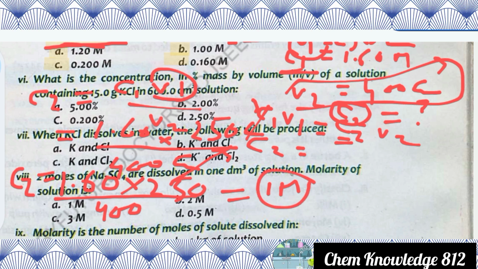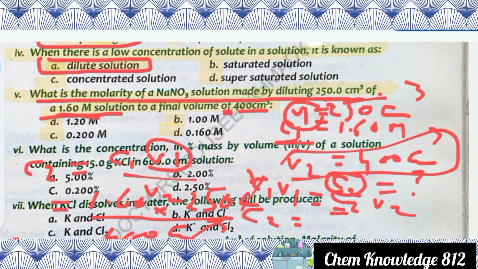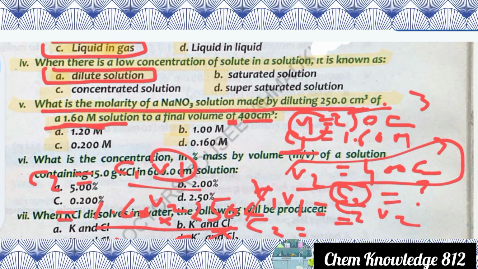So C2 will be equal to 1 molar of sodium nitrate. So we have the answer of 1 molar. This is the correct answer. Option B is the correct answer. So the molarity of sodium nitrate solution will be 1 molar, option B.